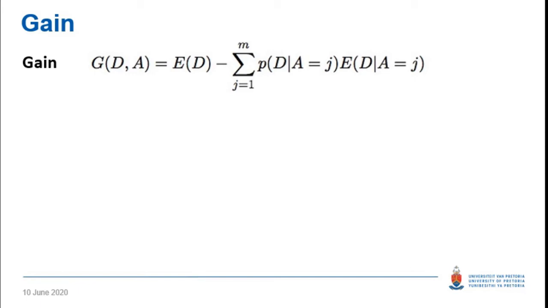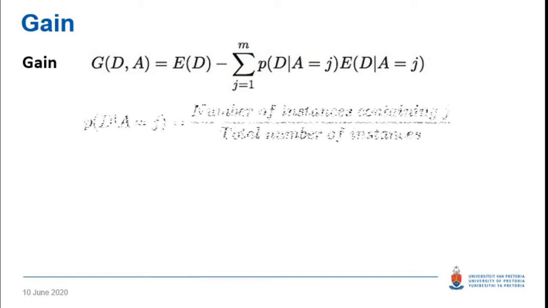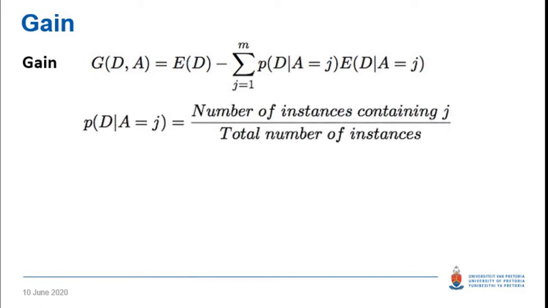Similarly, the entropy is going to be based on the probabilities for that attribute having a specific value. We'll look at an example just now, it'll be a lot clearer. So how do you calculate the probability itself? The probability is basically the number of instances containing that particular value for the attribute divided by the total number of instances.